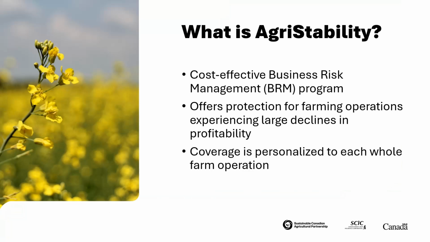It's cost effective. It's designed to help farm operations that could face large declines in profitability caused by a loss of production, if your costs are increasing, or if the market conditions start to decrease. And coverage is personalized for each farm operation. We use your own history, and it's based on your income tax and the supplemental information that you submit to us.